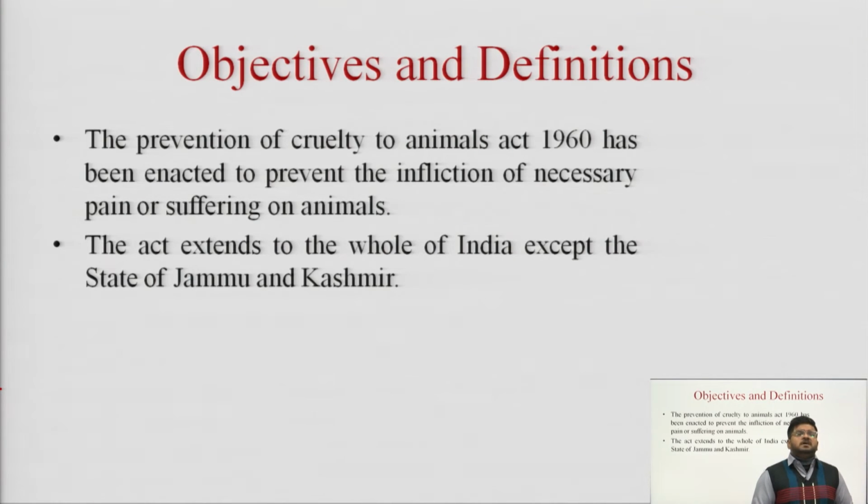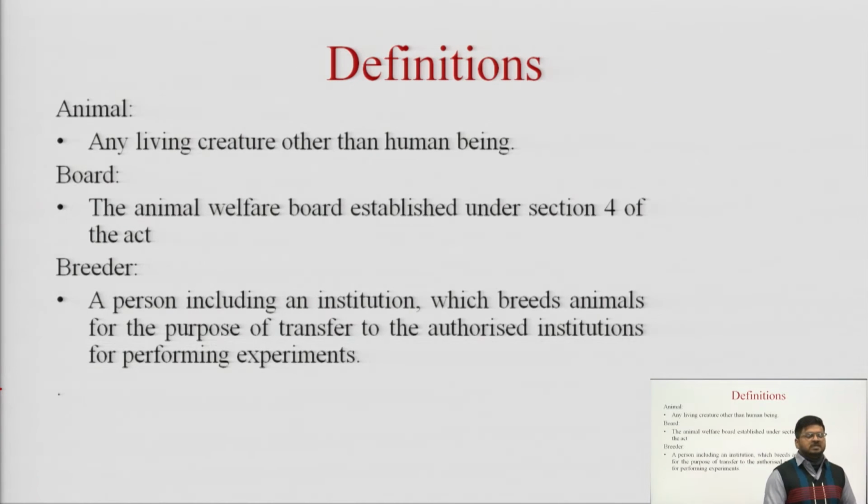As we saw, the objective is to prevent the infliction of unnecessary pain or suffering on animals. To fulfill this objective, we use animals only where there is an actual need of animals.